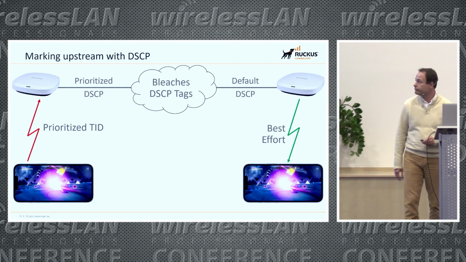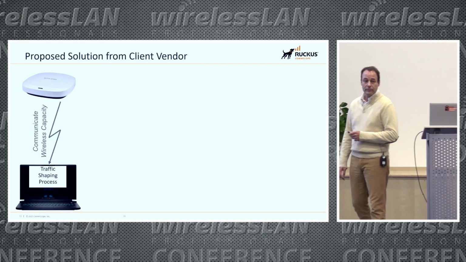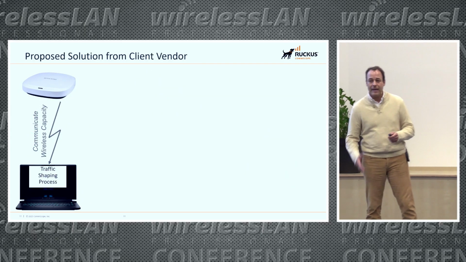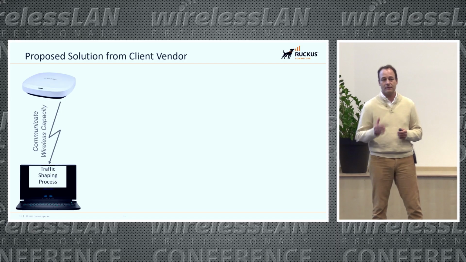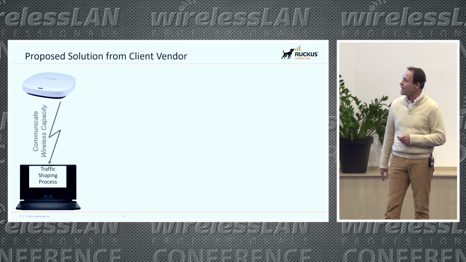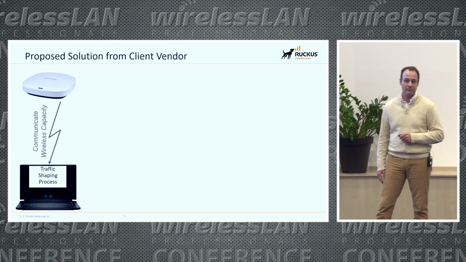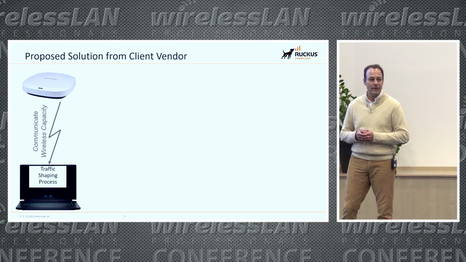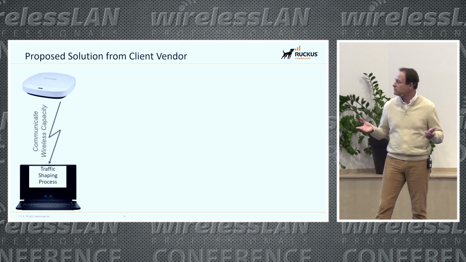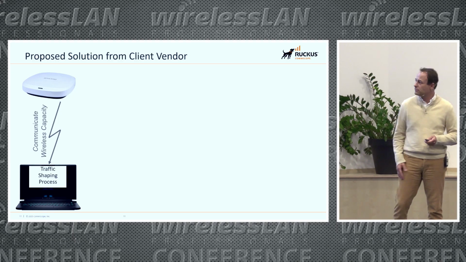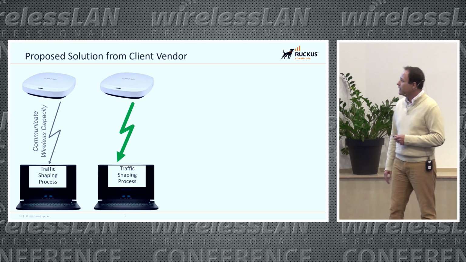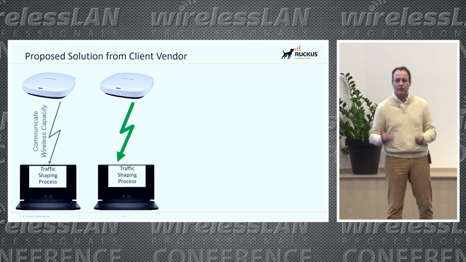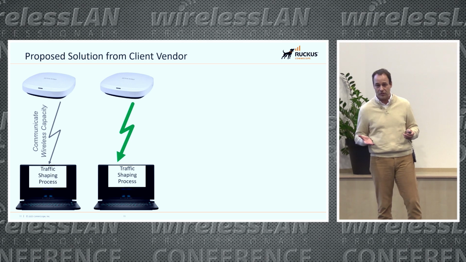Well, some time ago, a client vendor asked us, hey, what if your APs communicate the wireless capacity to my client device? Okay, we could do that, but why do you want that? And they say, it would be useful because if we know the wireless capacity, we could start a traffic shaping process.